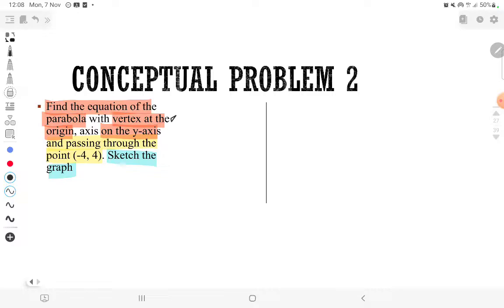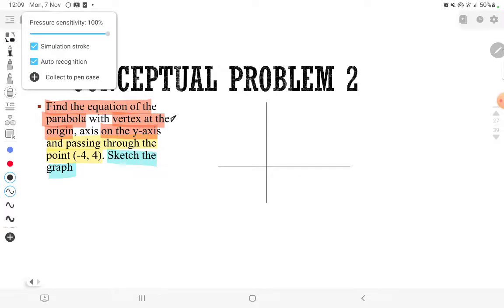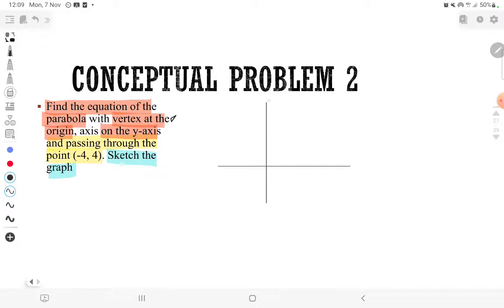According to the problem, the axis of symmetry is the y-axis. So let's have this y-axis, and then let's have my x-axis. Now we have our vertex at the origin. So the vertex is here.